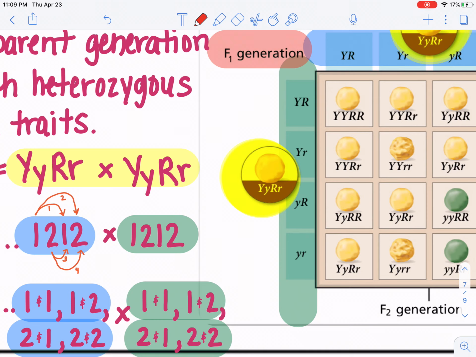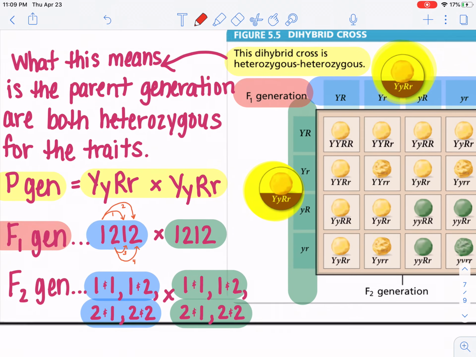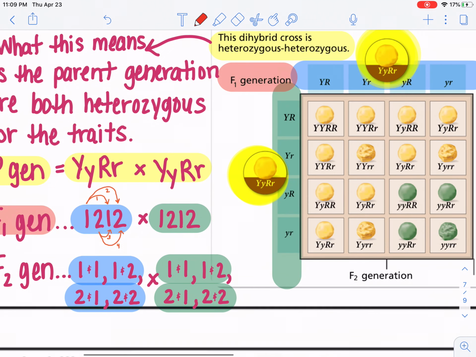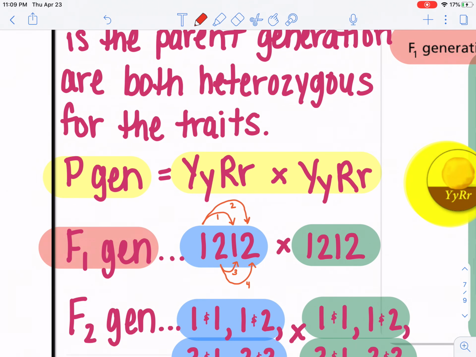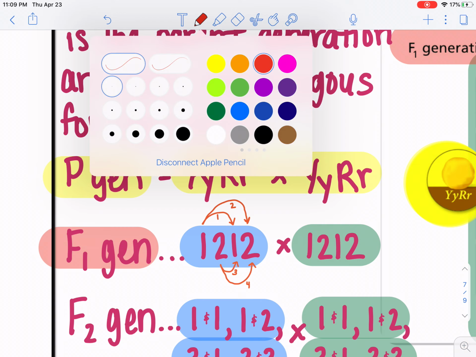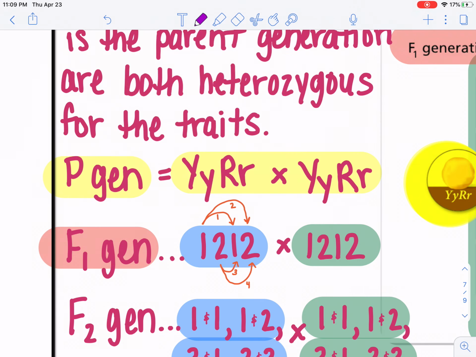What we're looking at in this case is two heterozygous for both. What I'm going to do is I'm going to take each Y and R and I am going to give them their own numbers. So I'll do it this way.